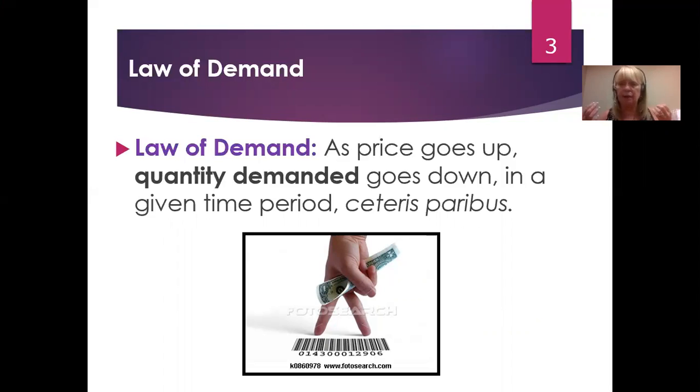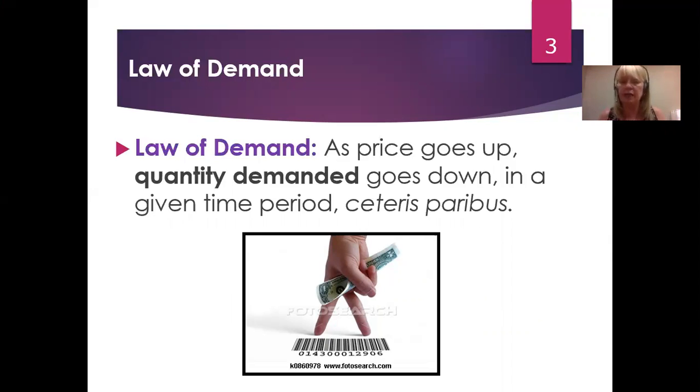If my great pair of shoes that I love is normally $100, and I go to the mall and find them on sale for $50, woohoo, 2 pairs, right? On the other hand, if I go to the mall and find that the price has gone up to $150, maybe I don't need those shoes as much as I thought I did. As price goes up, quantity demanded goes down.